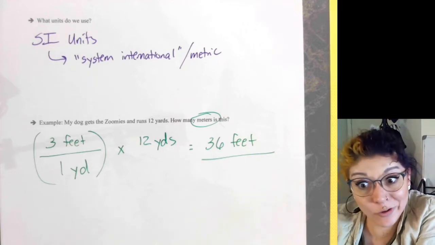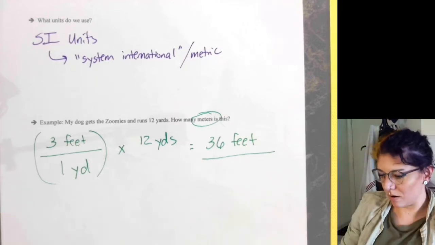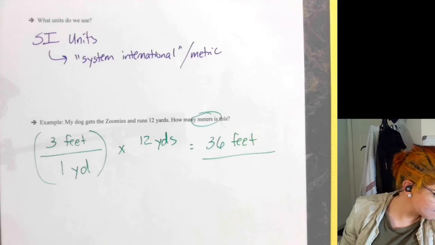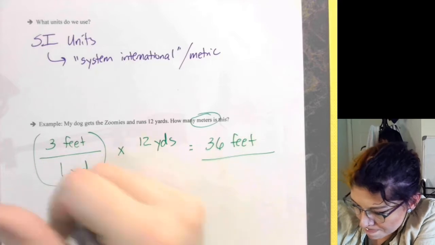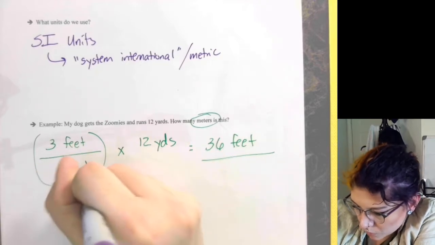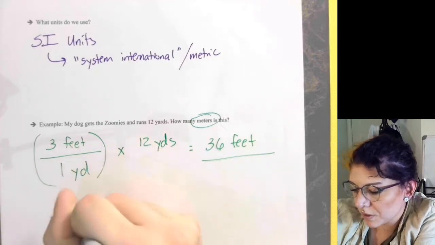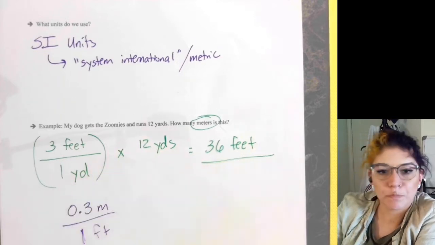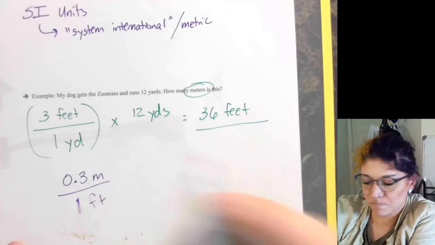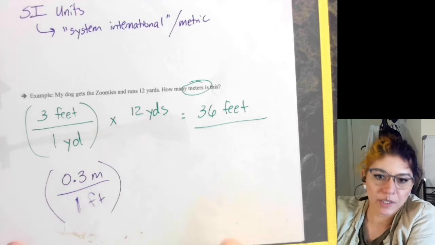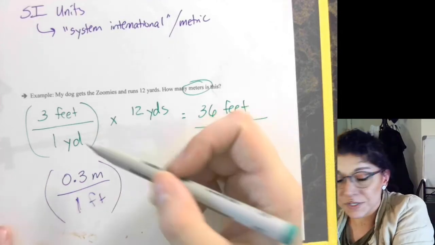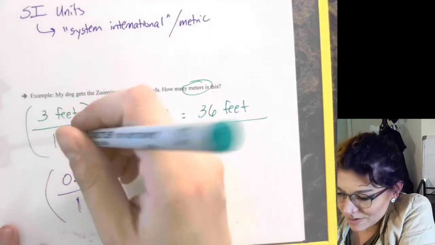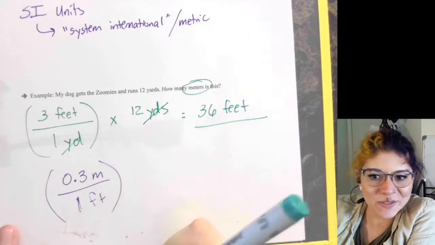So I Googled it, and there are approximately 0.3 meters per 1 foot. So this is the ratio I'm working with. And as we saw just above, look, my units cancel.